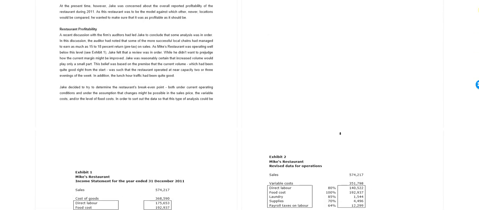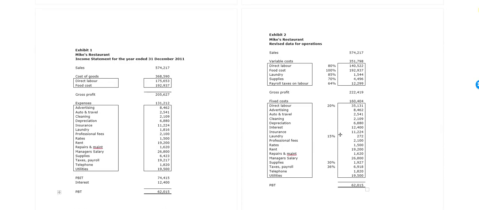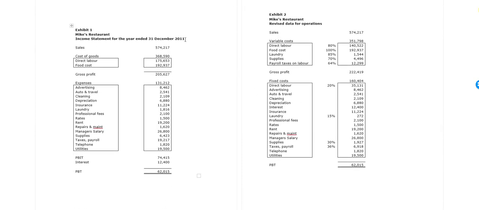So let's scroll down, and we're given some financial information for the 2011 year, which is the previous year to where we are at the moment. We are going into the 2012 year, and in Exhibit 1 we are provided with financial information that would typically come from an accountant.